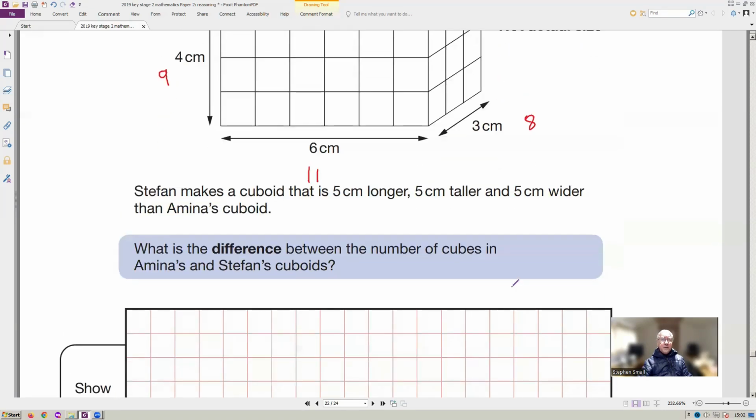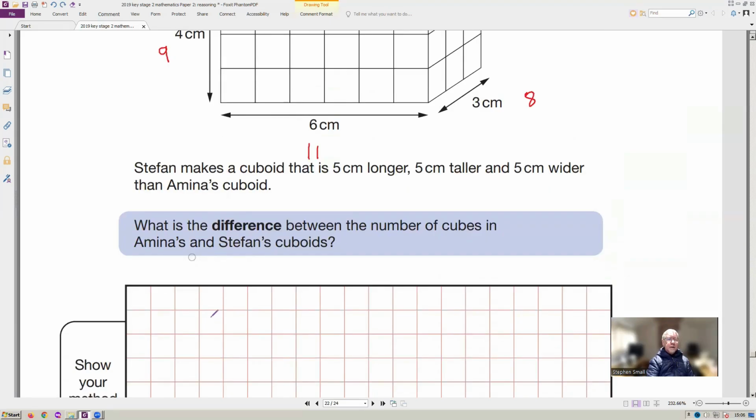So we'll do hers first. And to work out the number of cubes, we do length times height times width. So that's 4 times 6 times 3. 4 6s are 24, times 3, 72. And then Stefan's are 9 times 11 times 8. 9 11s are 99. I'm going to do it up here. 99.